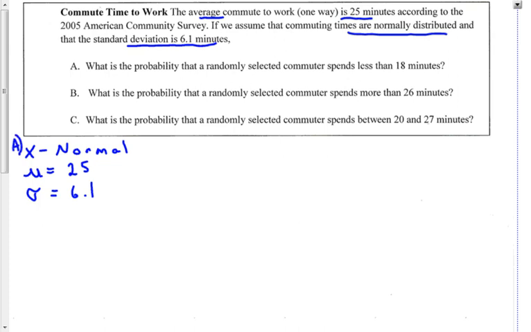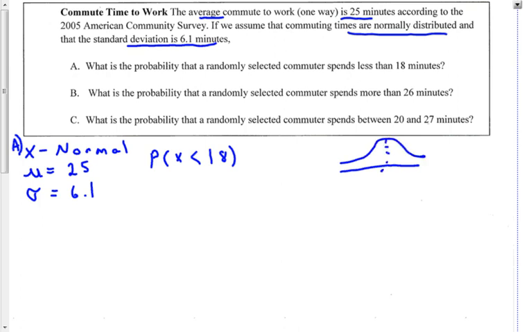we've identified the distribution. It's asking for the probability that a random single person, their time is less than 18 minutes. So we need to draw in our little sketch.